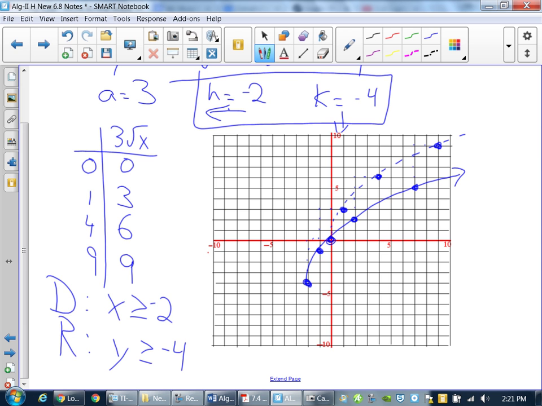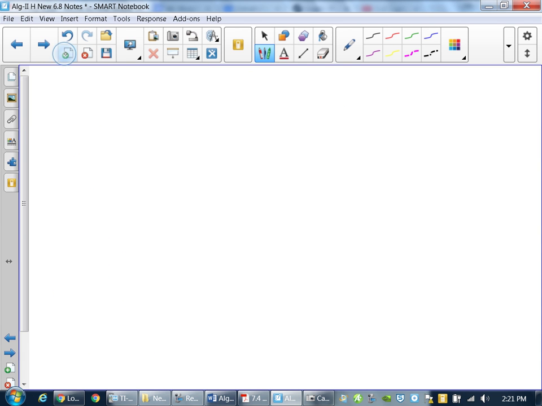Let's try another one. Y equals -2 root quantity x minus 3, all plus 1.